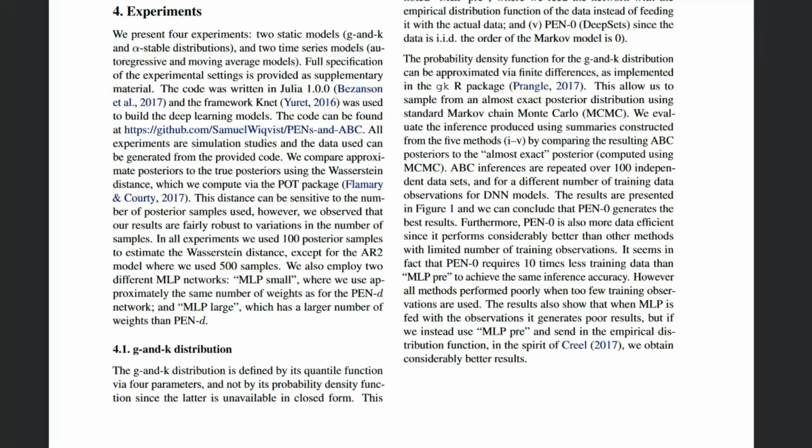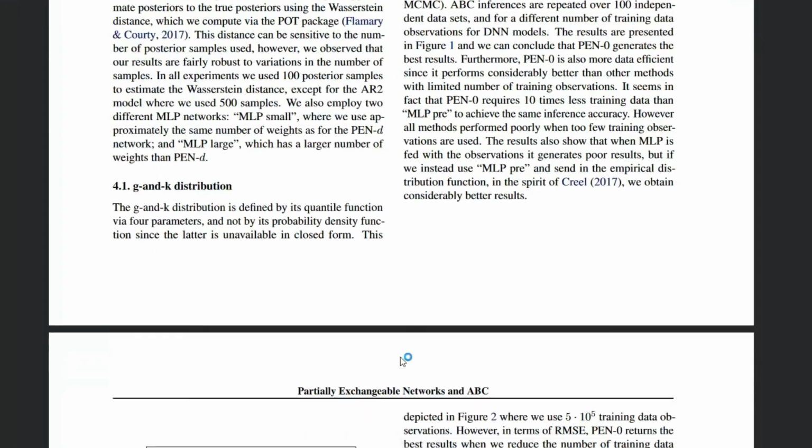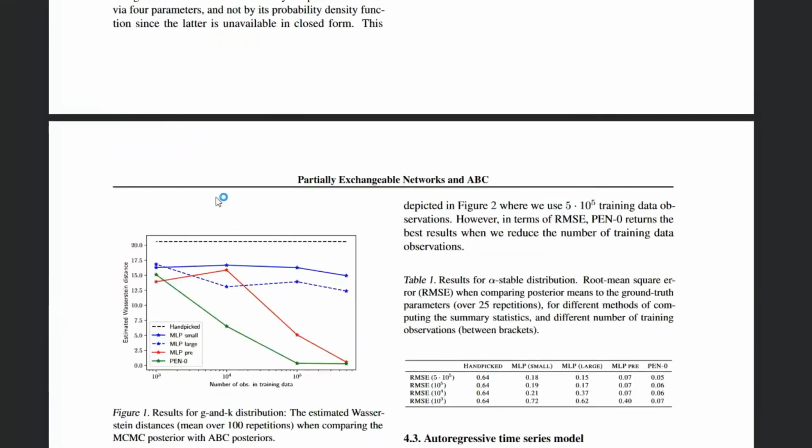Okay, hello. Today, let's talk about the information in the experiments, specifically the G and K distribution. It's a part of the experiment, and the G and K distribution from the experiment is shown here. The result is based on these pictures.